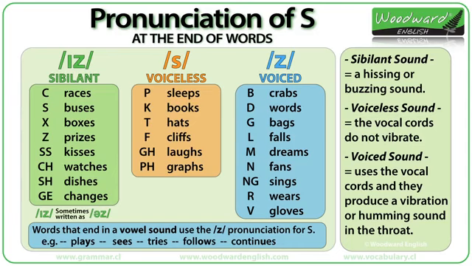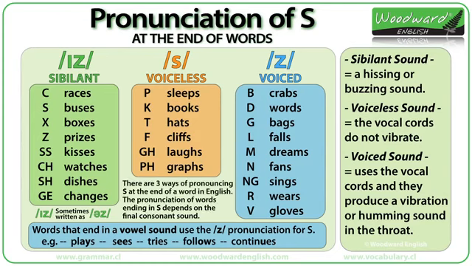Follow becomes follows. Continue becomes continues. So, in summary, there are 3 ways of pronouncing the S at the end of a word in English. The pronunciation of words ending in S depends on the final consonant sound.